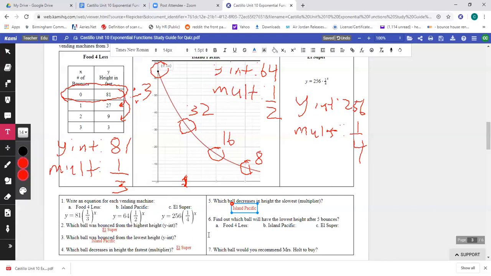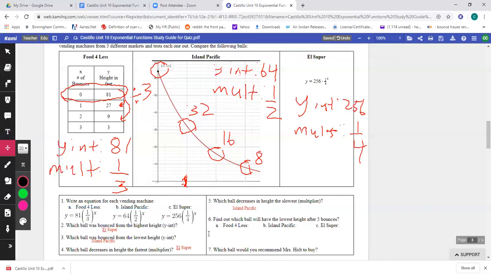And now, which ball will have the lowest height after 5 bounces? So once again, you're going to use these formulas and you're going to plug 5 into x. You could round your answer. For the first one, make sure you know how to use your calculator.